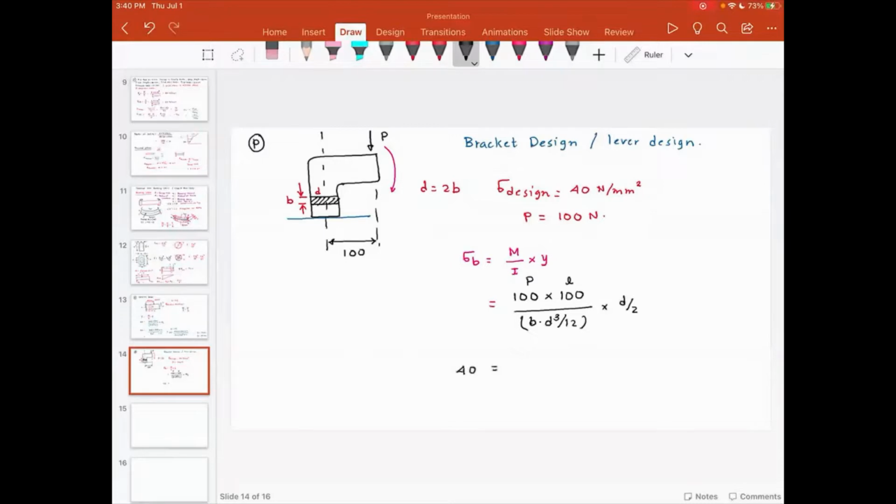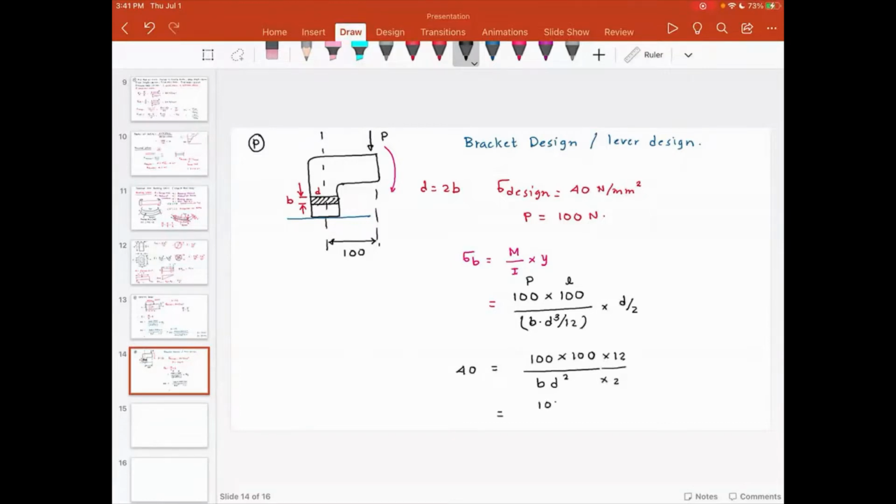And here you will have the same equation divided by BD square by 12 divided by 2.